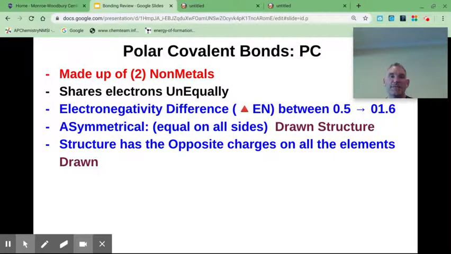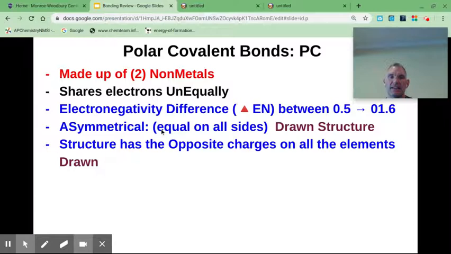And the reason for the unequal sharing is when the two elements come together to make the bond, one of them has a stronger attraction for the electrons. So when this happens, I'm going to get an electronegativity difference of 0.5 to 1.6, and it's going to be asymmetrical. It's not going to be equal.